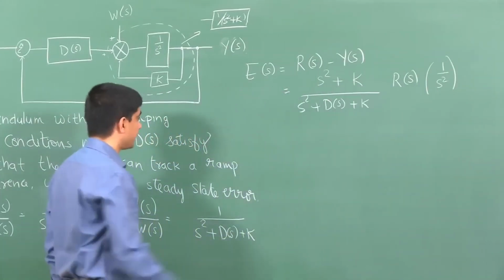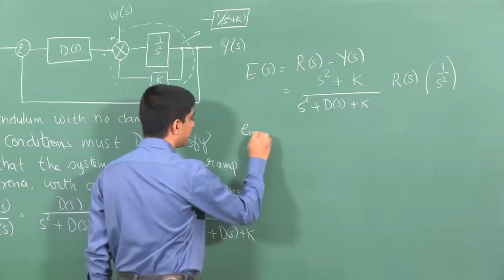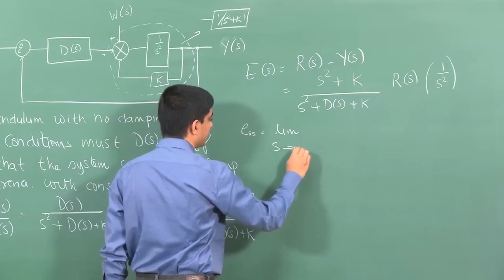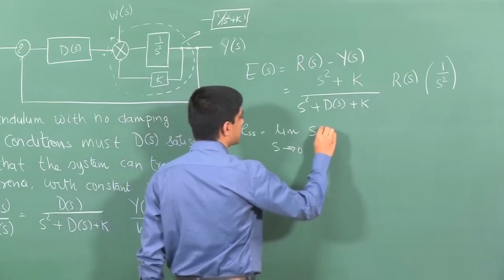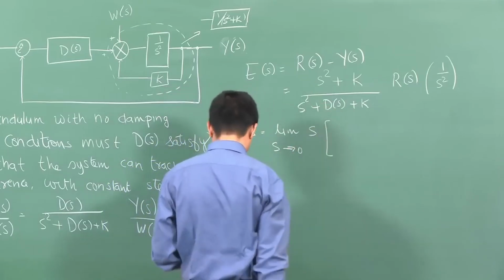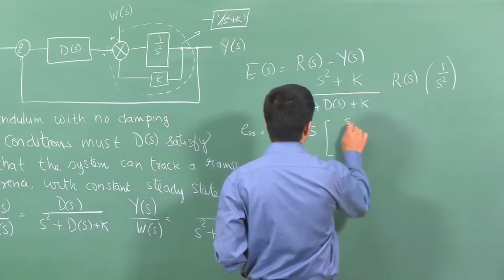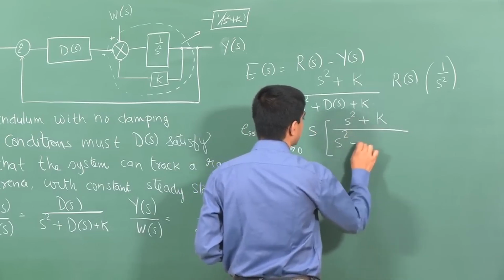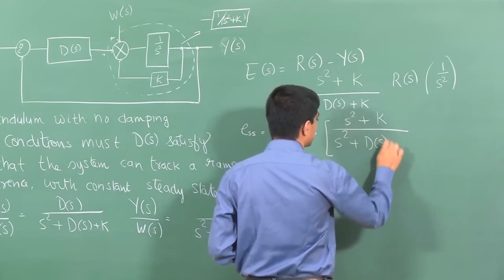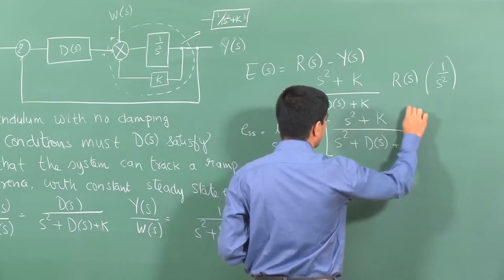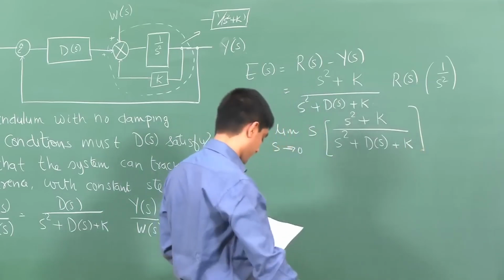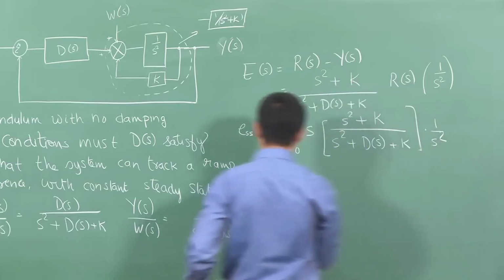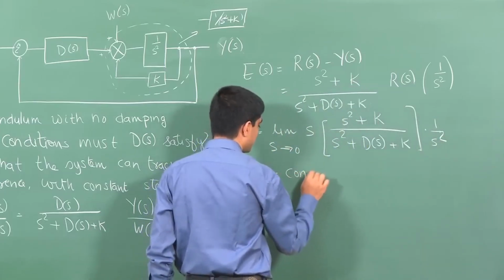Okay, so what do we need? That the steady state error, which is limit s going to 0 of s times E(s), which is this entire expression, s square plus k over s square plus D(s) plus k, times 1 over s square, this thing should be a constant.